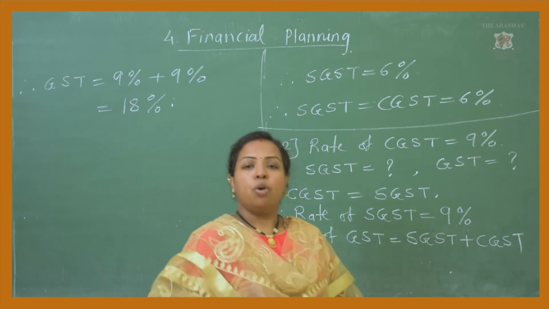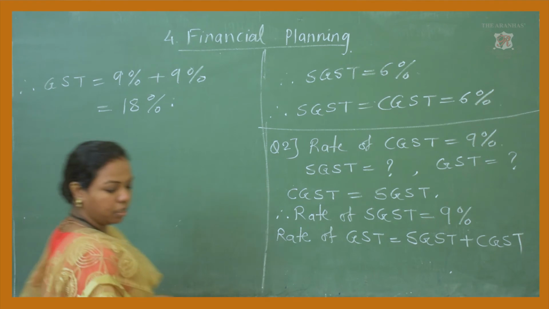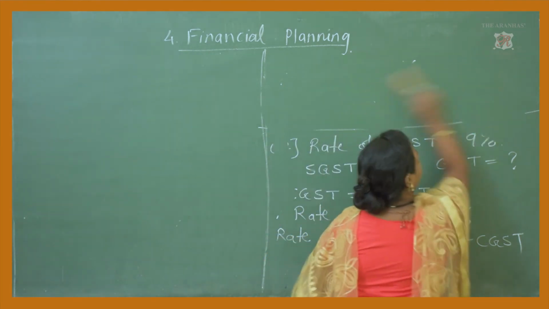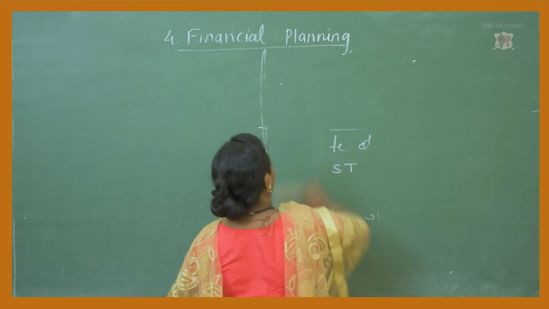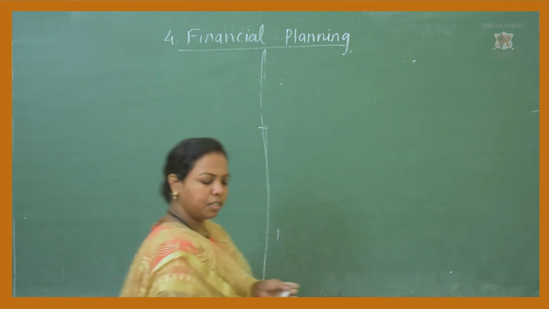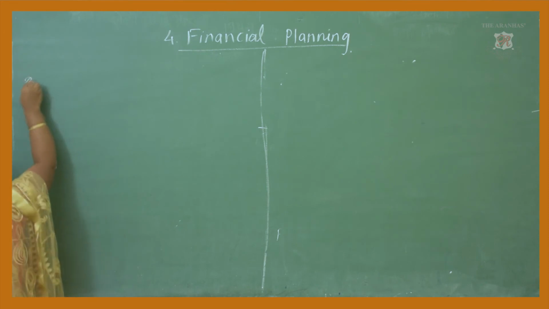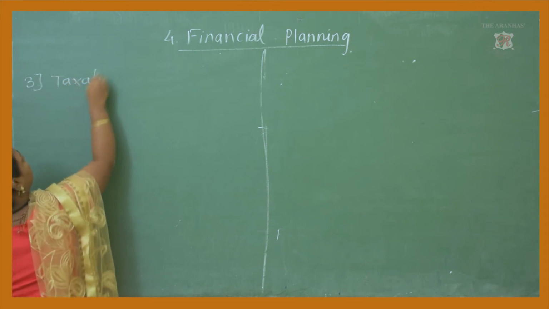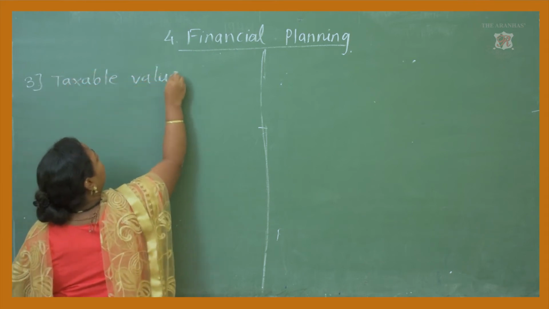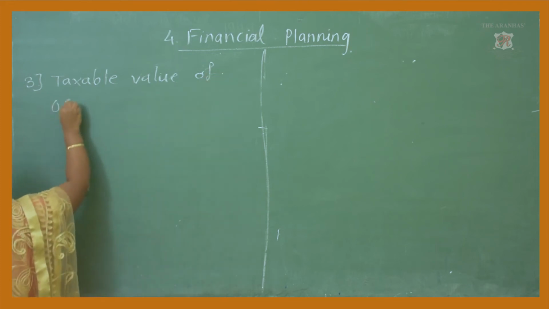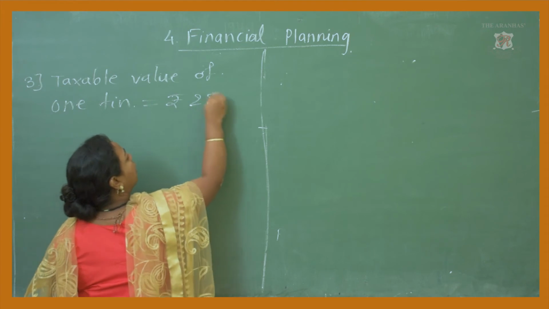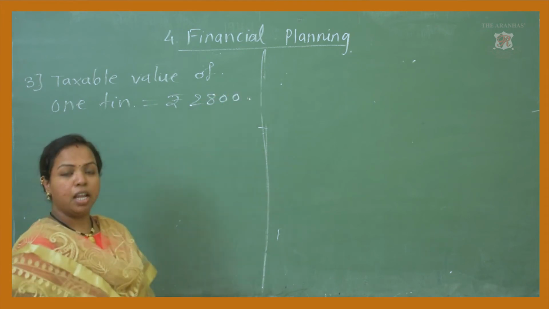Now see that. For question number 3, we are trying to solve. It is given, taxable value of 1 tin is rupees 2,800.